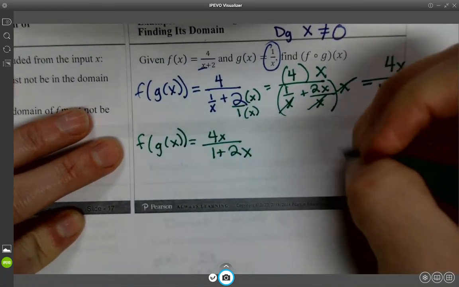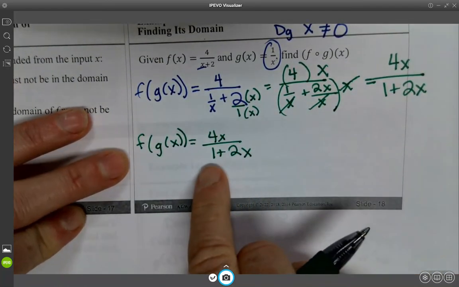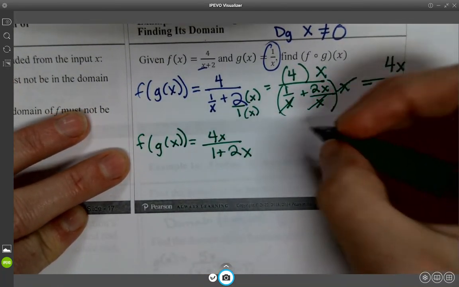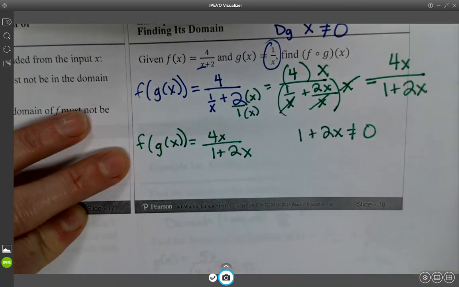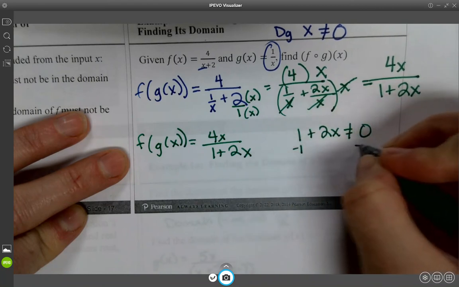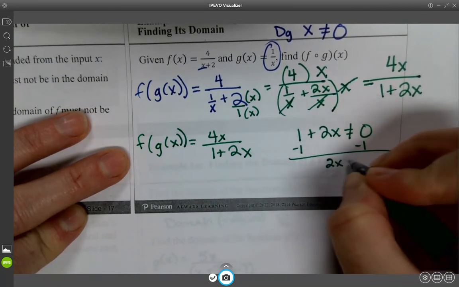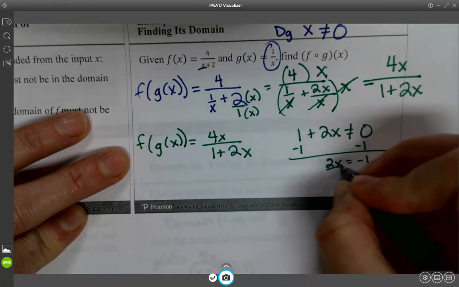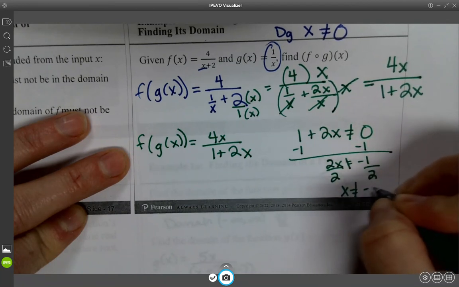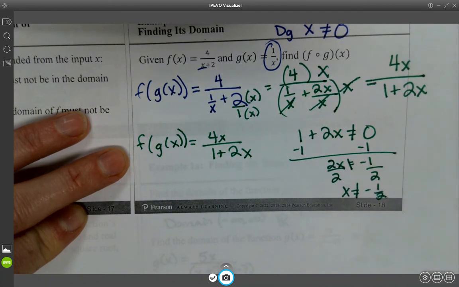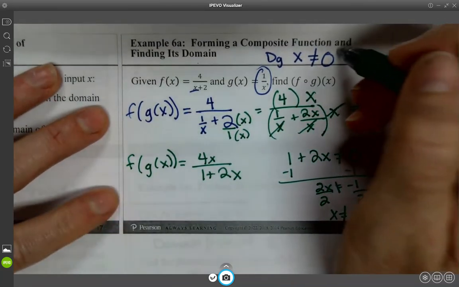So then we'd want to look at this and make sure there's no restrictions for x here. So we do 1 plus 2x cannot equal 0. So we're going to subtract 1, solve this simple equation out. Divide by 2. Oh, this is not equal. So x cannot equal negative half. So that's another domain restriction.